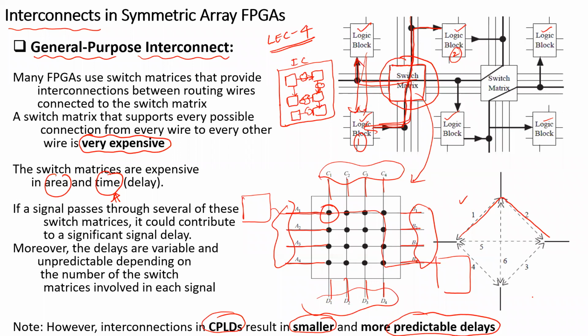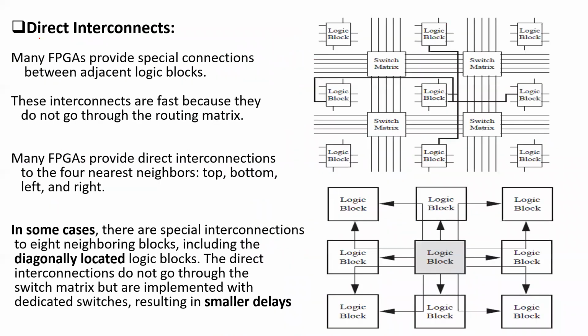So another approach to provide the interconnection is direct interconnects. There is a small modification. For example, whenever we have adjacent logic blocks, for example this is adjacent to this one, these two are adjacent logic blocks. Whenever it is possible, direct connections can be made between adjacent blocks.